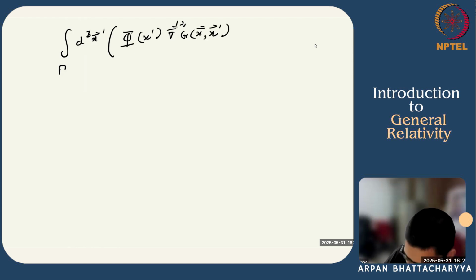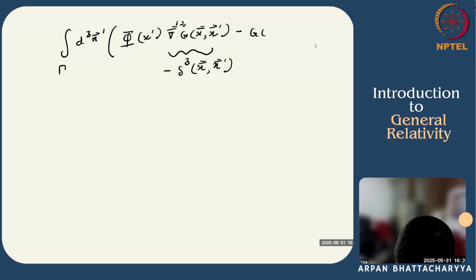Remember that del squared G satisfies the Green's function equation, and it is basically minus 4 pi times the delta function. Also, G times del prime squared of phi.